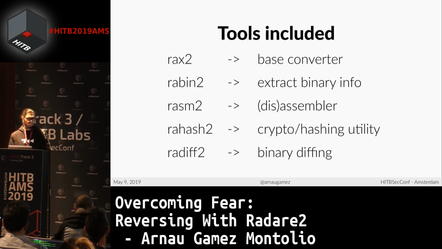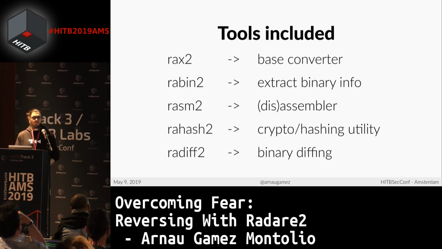You can specify your architecture, the bits of the architecture, the endianness, etc., and you can assemble and disassemble with it. Then there is rahash2, which is the crypto hashing utility. It has implemented the most known crypto and hashing algorithms. You can check them out.